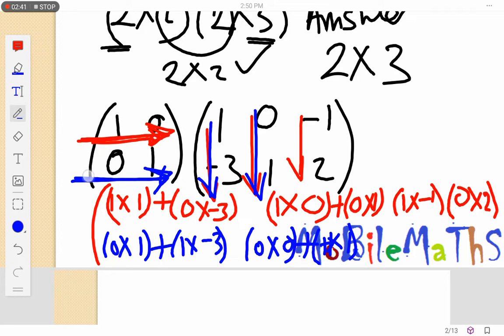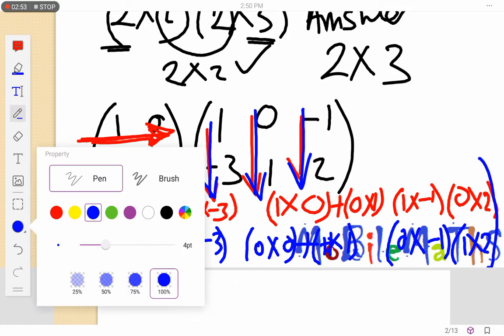Then the last one, another row by column, I get 0 times minus 1 plus 1 times 2, like that. So that's what I get there.